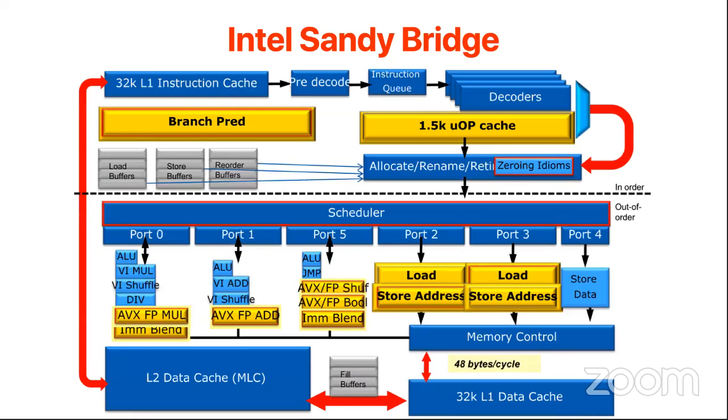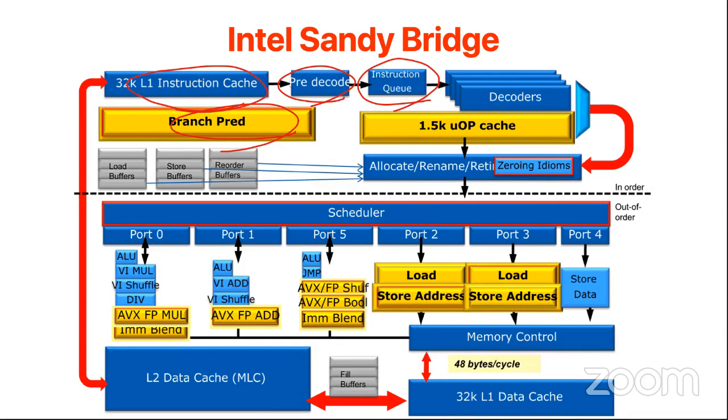And this is Sandy Bridge, an even newer Intel architecture. And as you can see, it's still not too different. You have the branch prediction interacting with your cache, and the decoder. This pre-decoder is decoding your x86 instructions into micro ops.